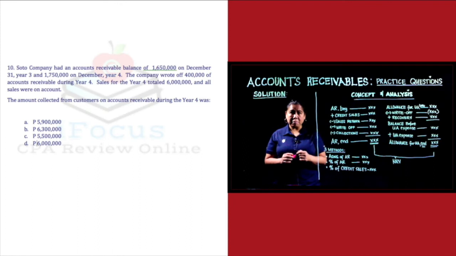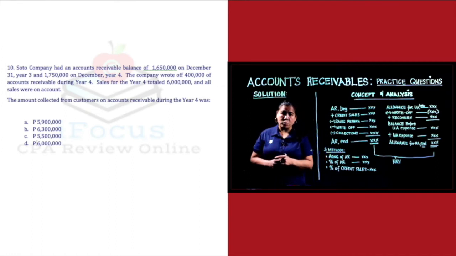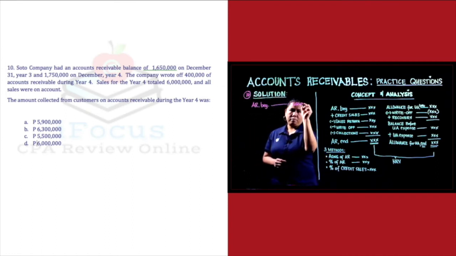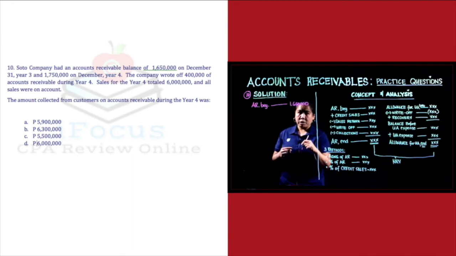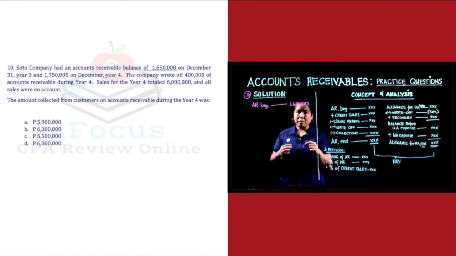So, yan ang magiging beginning balance natin ng January 1st of year 4. Alright? So, dyan tayo mag-uumpisa. So, we have an accounts receivable beginning of 1,650,000. And 1,750,000 on December of year 4. So, yan po ang ating ending balance ng ating accounts receivable.